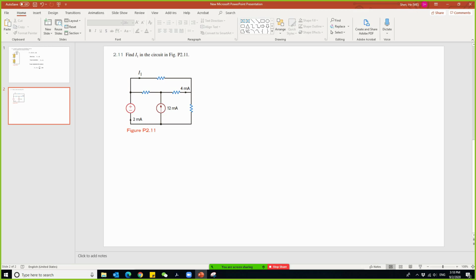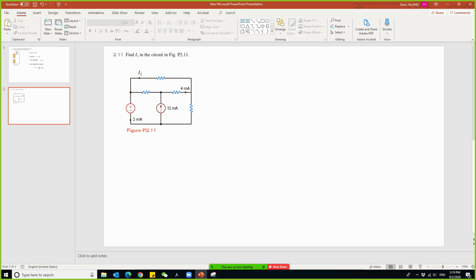So let's look at the problem. We are looking for I1, which is over here. What's given in the problem is that the current in this branch is given, and this current is given. If you are not very familiar with the technique we mentioned in class, you can do it slowly. This current is connected with this node, or you can look at it from here.